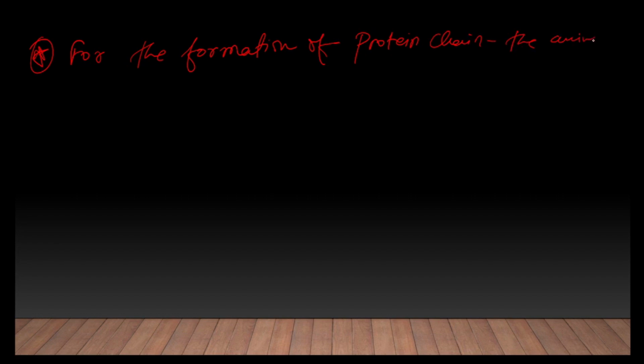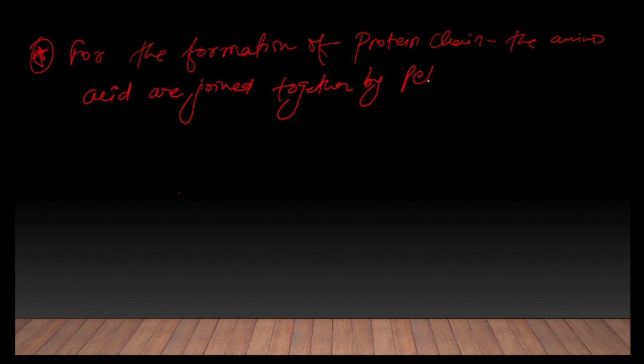for the formation of a protein chain. You know, many amino acids are joined to form a protein chain. The amino acids are joined together by a peptide bond, also known as an amide bond.